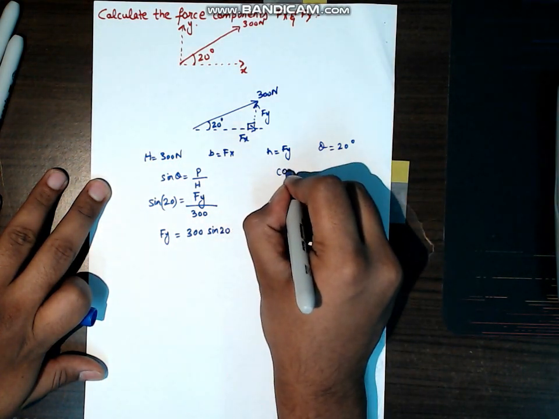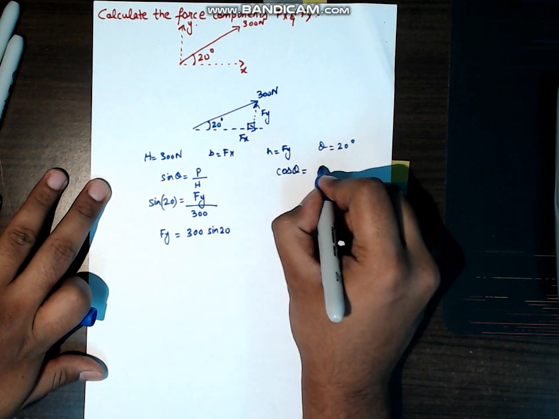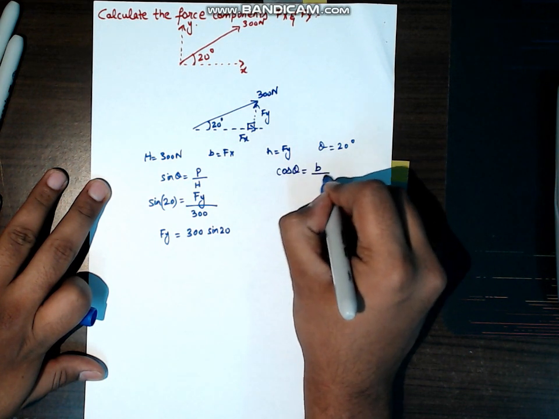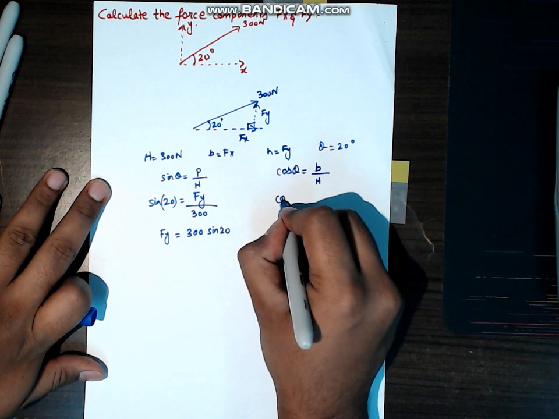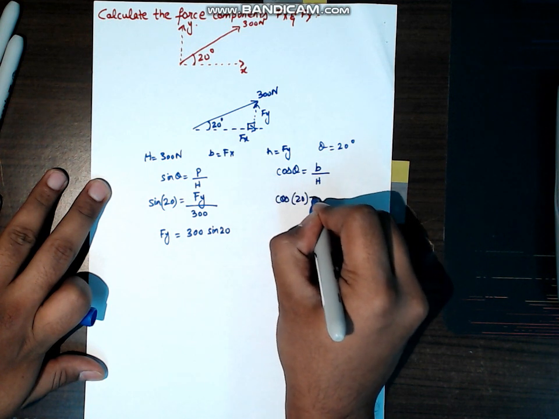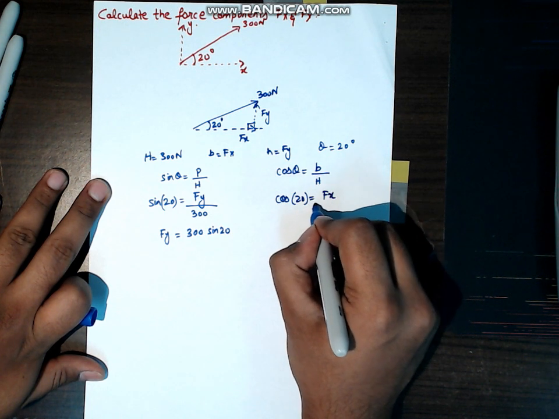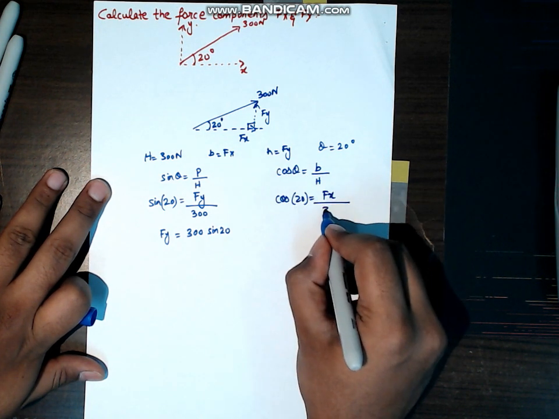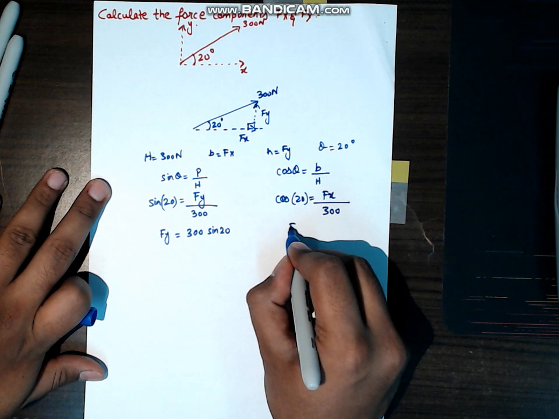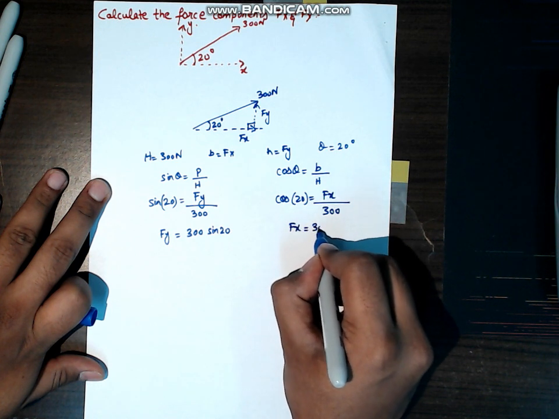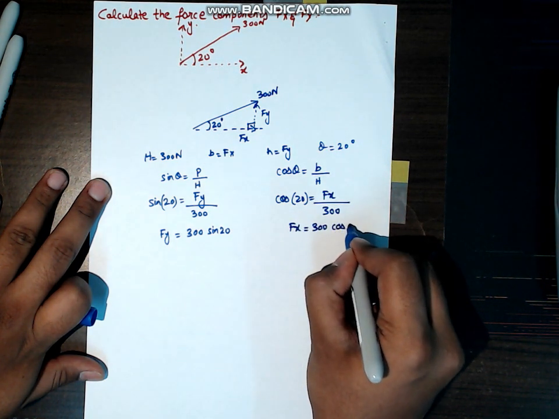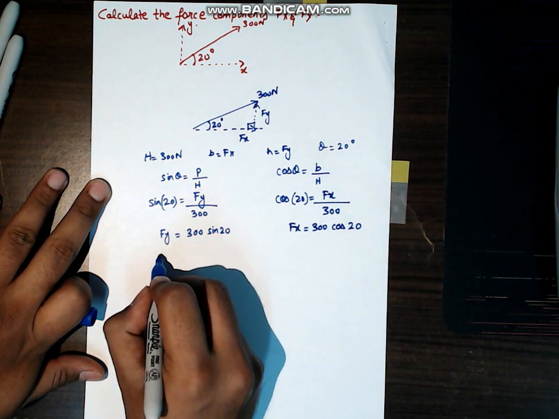And same goes for Fx as well. Cos theta is equal to base upon hypotenuse. So cos 20 is equal to base, which is Fx, and hypotenuse, which is 300. So our Fx becomes 300 cos 20.